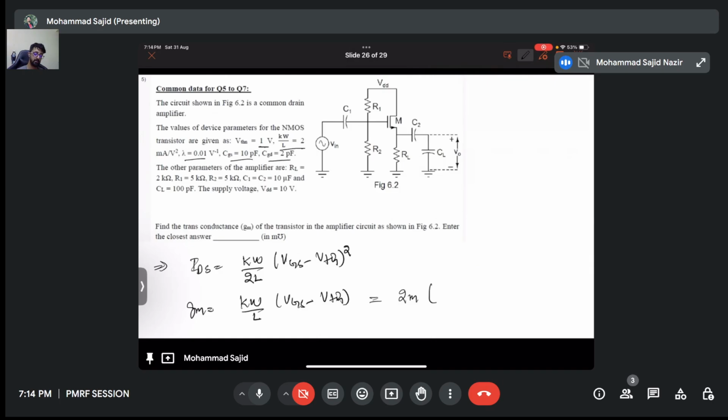Now VGS is not directly possible, so you need to write VG minus VS. That is your V out here, because this is the source, minus VT, that is 1.